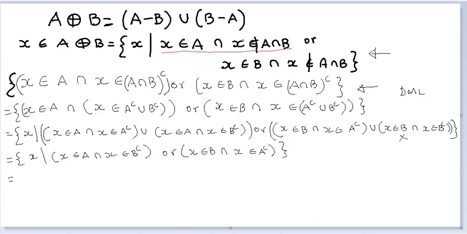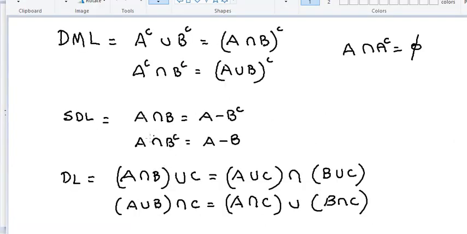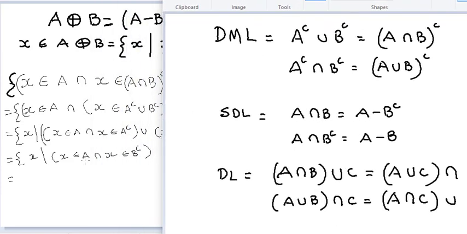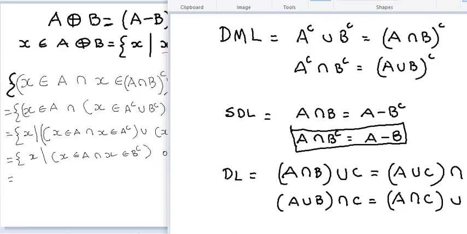So let's go to the set difference law. What does it do? Here it is. X belongs to A intersection X belongs to B complement. You see this? You have to apply it there. So when you apply it, what happens?